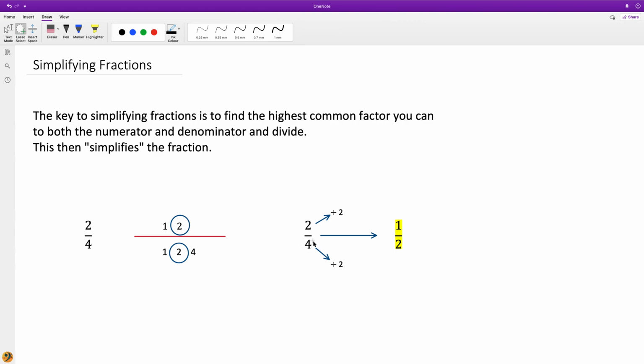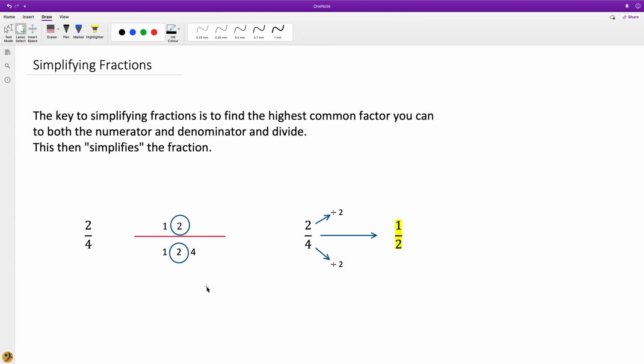We have 4, and we divide it by 2, because once again we found 2 is the highest common factor, and we get 2, because 4 divided by 2 is 2. So our answer to simplify 2/4 is 1/2. And these are all the steps, all the working out you would be required to show to get maximum marks and to work these out correctly.